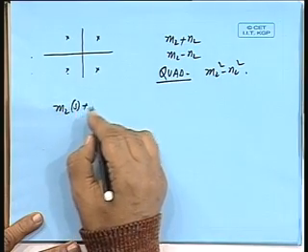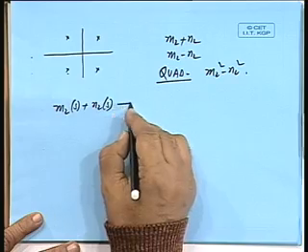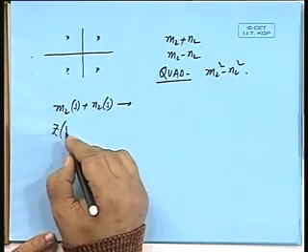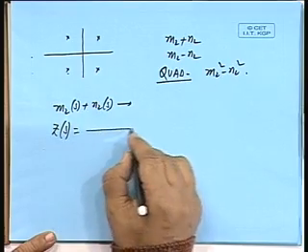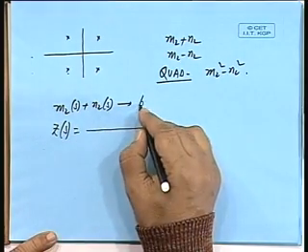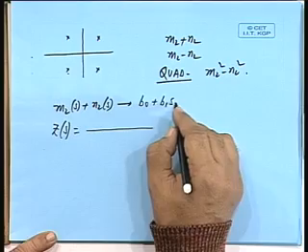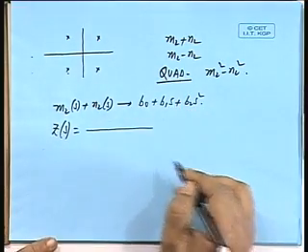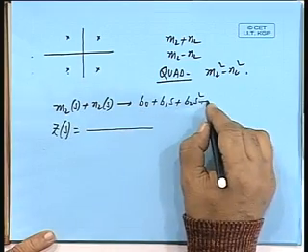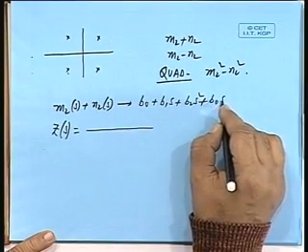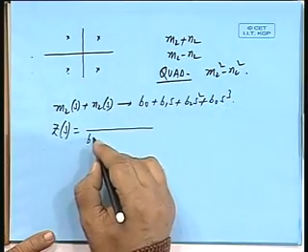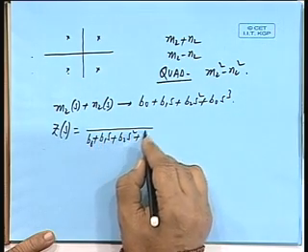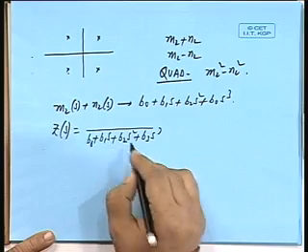m2(s) plus n2(s) is selected. Now you choose Z(s) equal to, suppose the denominator is some b0 plus b1 s plus b2 s squared, maybe plus b3 s to the power 3.